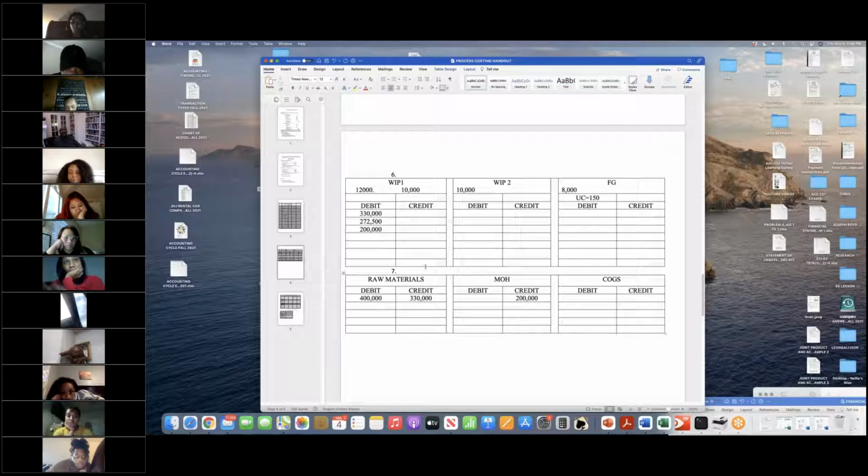So right now, in this account, how much money do we have? If we add up all these costs, how much is it?